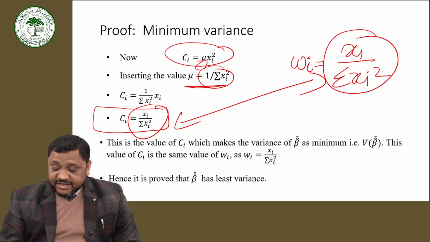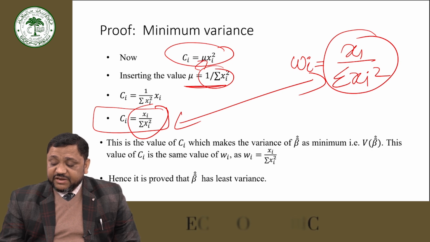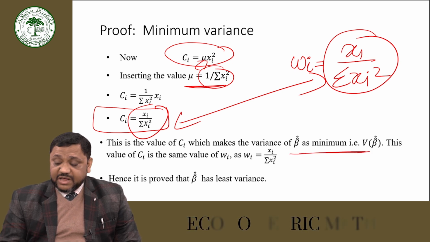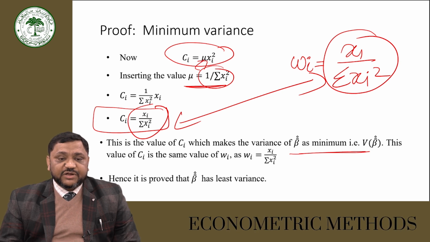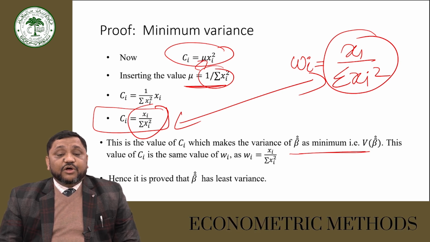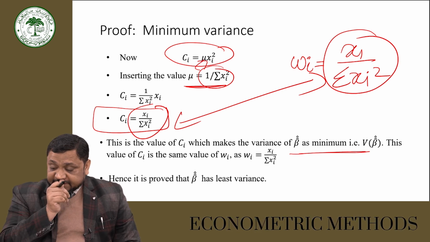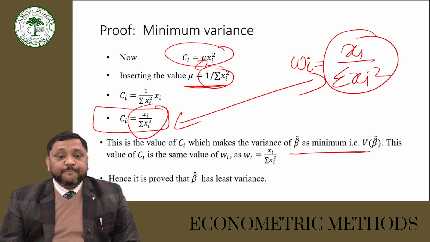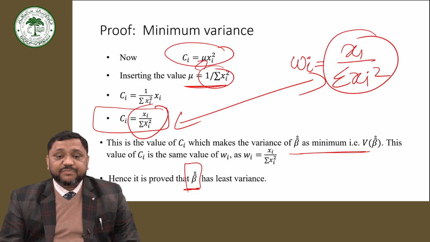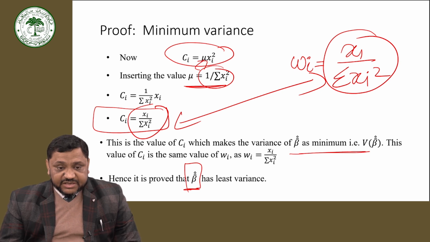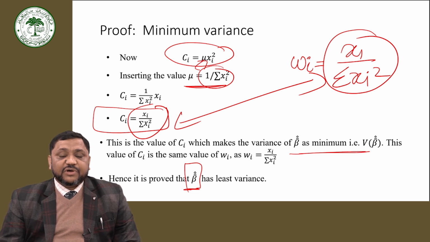So we can say that our variance is minimum over here, as this value of ci is the same as the value of wi. Based on this, we can say that the variance of beta double hat, the estimator which we had taken in place of beta hat, also has the least variance.